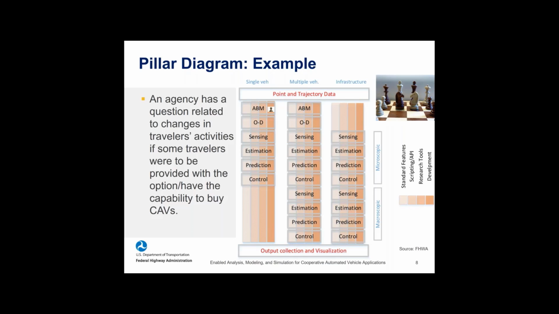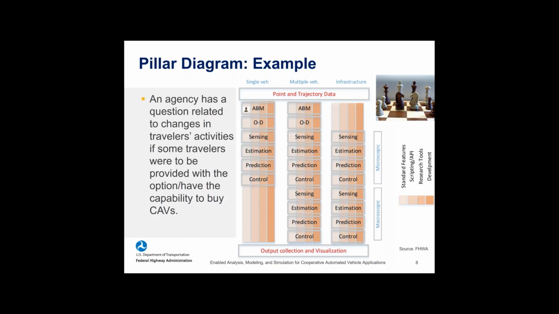Where do we put that? And here comes the need to know the capability of the software you are using. So for this example, if you want to do it in Visum, then you're going to end up using Visum with the standard features to achieve your objectives, because you can do activity-based models in Visum in the standard feature.